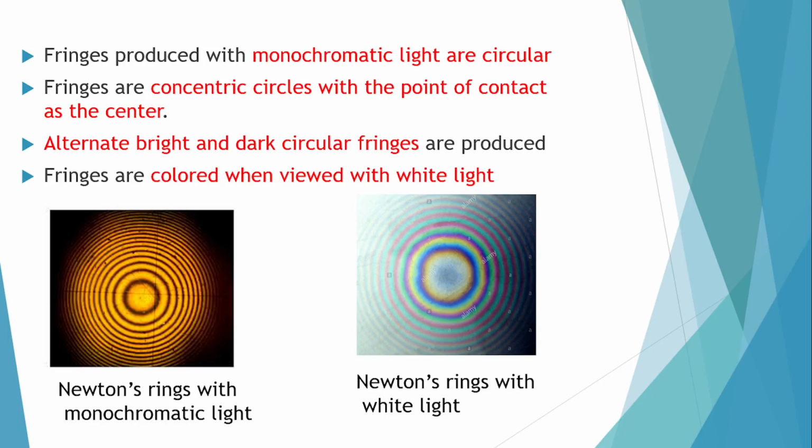And since the fringes are in the form of rings, they are famous by the name Newton's rings. Accordingly the experiment is called the Newton's rings experiment. Now how this experimental setup is and how it works, let's see.